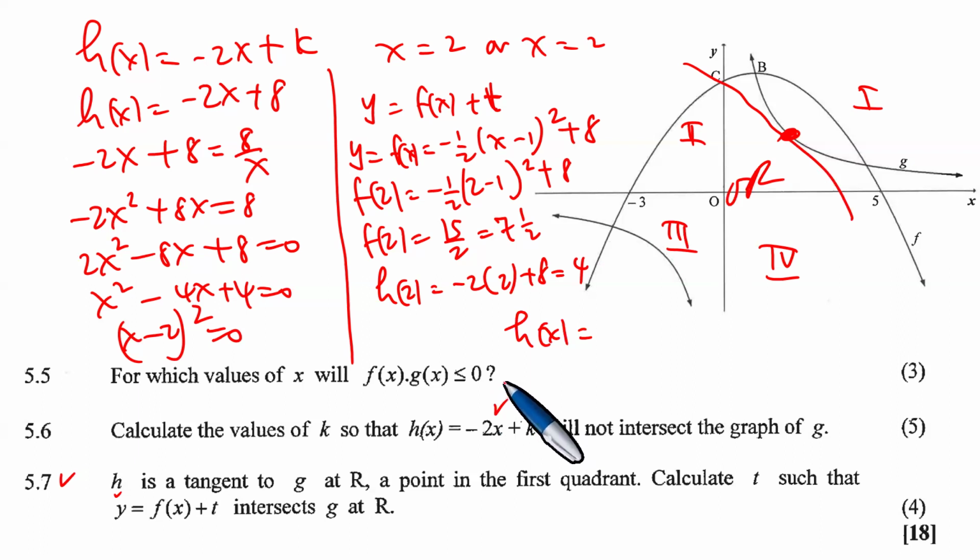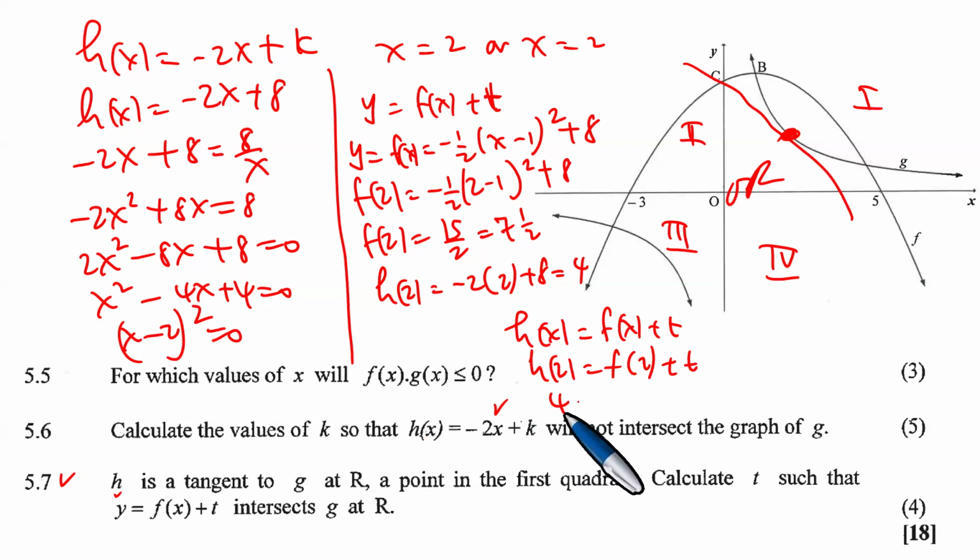Obviously, there are a couple of ways to do that. Or you can also use g. Using h, h equals exactly f of x plus t. So h at 2 is f at 2 plus t. What is h at 2? It's 4, which is 15 over 2 plus t.